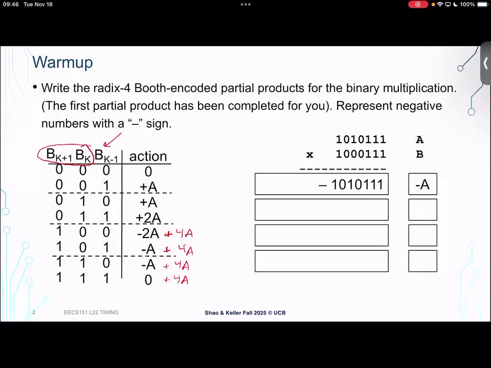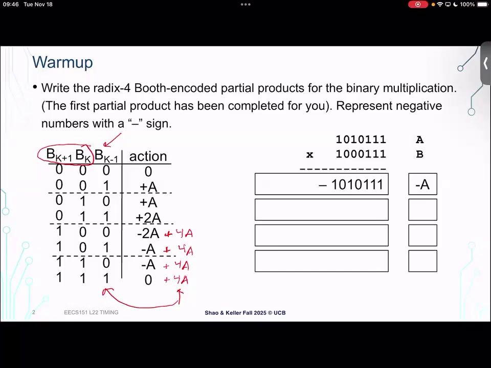And it's whether this extra plus 4a is here that sets our b sub k minus 1 for the next column. So the trick with Booth encoding is simply to figure out which row of this table we're in and then fill in the partial products appropriately.